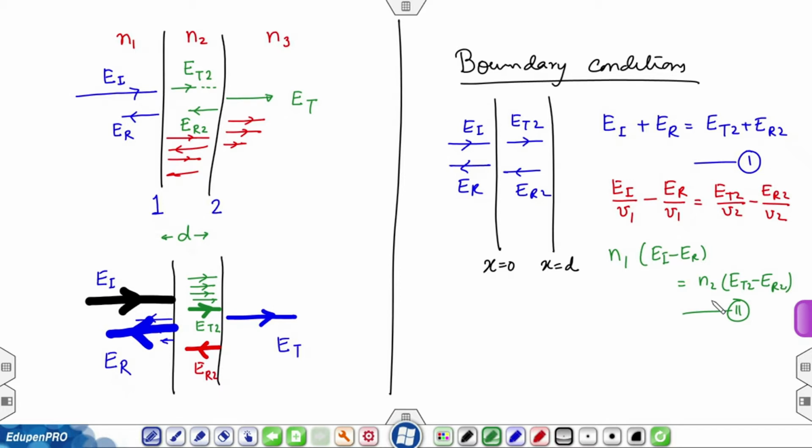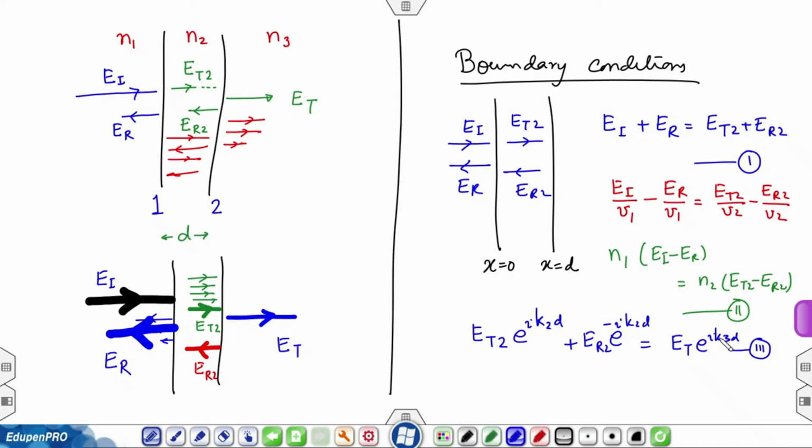Now, we will do this for the second surface, which is at x equals d, and that is where I am going to have ET2 e raised to i k2 d plus ER2 e raised to minus i k2 d is going to be equal to E transmitted e raised to i k3 d. That is my equation number 3.